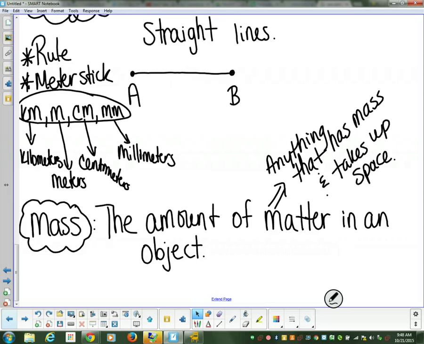Okay, so basically anything that has matter in it is going to be mass.